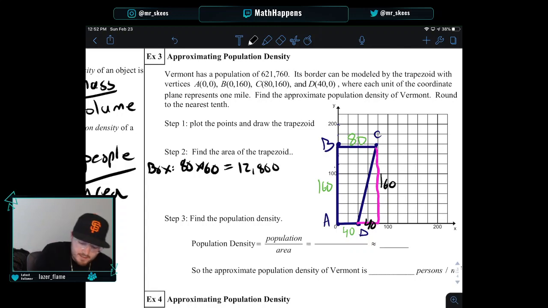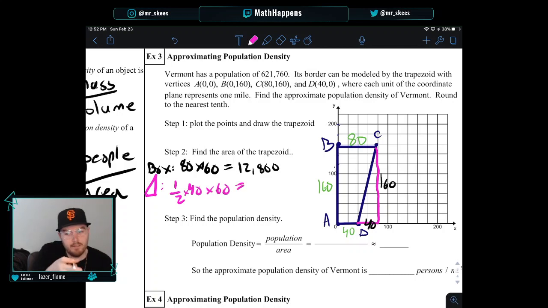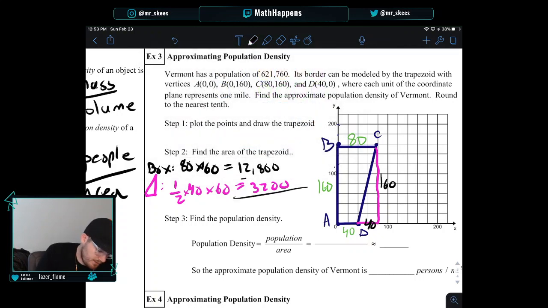And then our one singular triangle is 40 by 160, oops, can't forget the 1/2: 1/2 base times height, which is 3,200. If we subtract these two things, the area is 9,600 square feet.